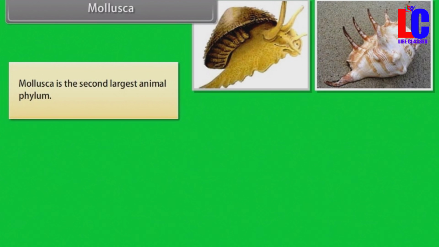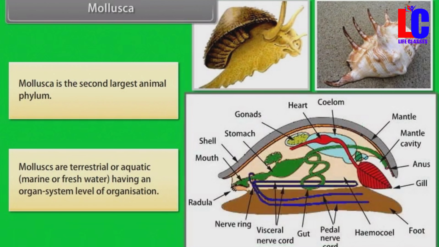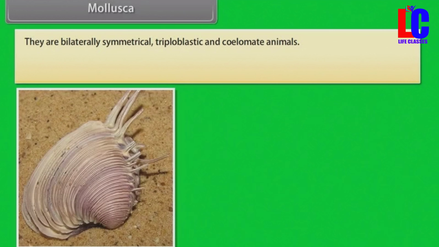Mollusca. Mollusca is the second largest animal phylum. Mollusks are terrestrial or aquatic, marine or freshwater, having an organ system level of organization. They are bilaterally symmetrical, triploblastic, and coelomate animals.